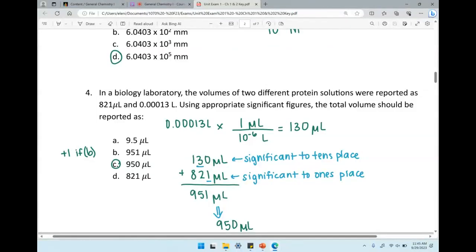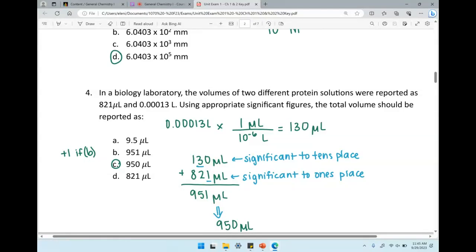I'll post the key so you can look at this. You calculate 951, and with sig figs, it's 950. So each question is 3 points, but I gave you all 1 point if you pick B, because that's really close. Just not quite there. So if you have +1 there, that's because you picked B. So you'll see for each multiple choice question, either +3 next to it if you got it right, or +1 for this one if you pick B, or an X if you got it wrong.